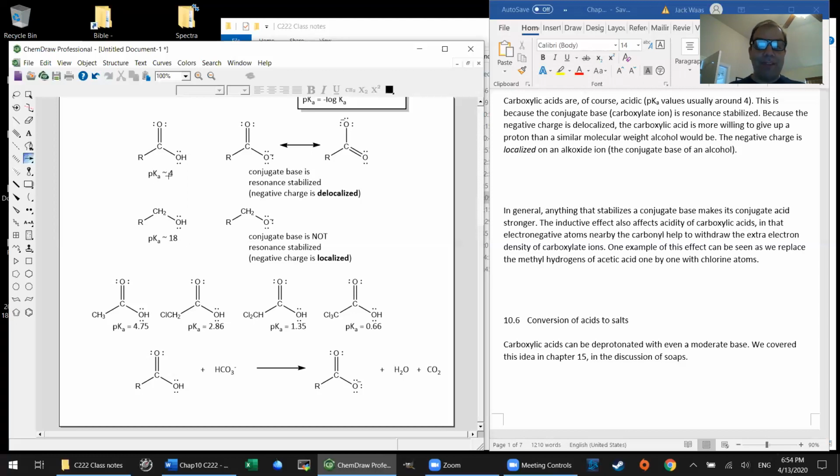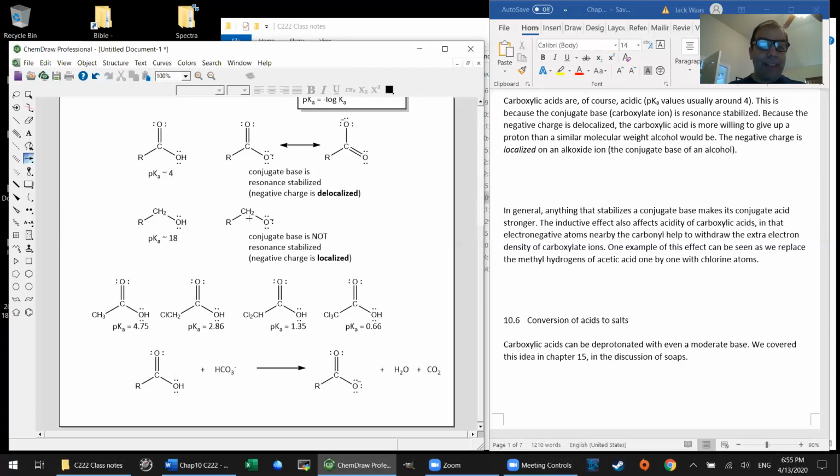That means that a carboxylic acid might be 10 to the 14th, like 100 trillion times more acidic than a similar alcohol. In fact, water or anything like that would certainly not be able to pull off the proton in an alcohol in any reasonable concentration. It requires much stronger bases, though certainly bases do exist that can do that for us.